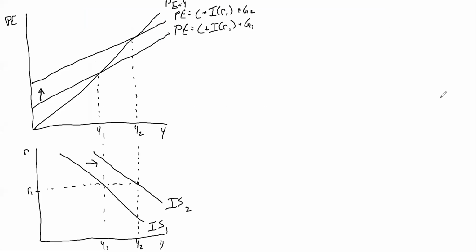So we can go the other way and see how taxation is going to change all of this. So we can derive the Keynesian cross just like we did before with changes in taxes. So we'll say we start right here at Y1.